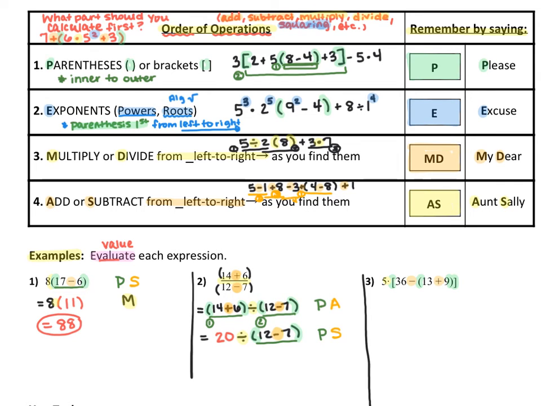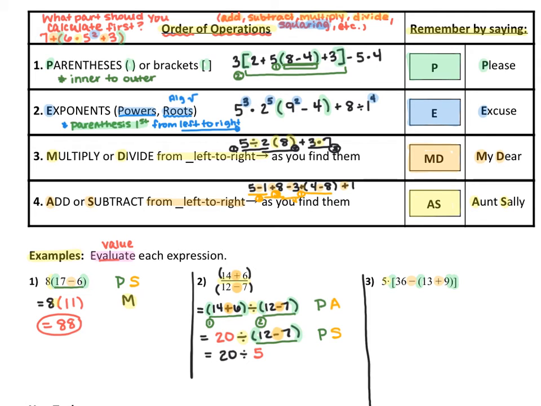So that means we're going to be doing 12 minus 7. 12 minus 7 is 5. So we will bring down everything else in our problem. So we have equals 20 divided by, and we just said we get the answer 5.